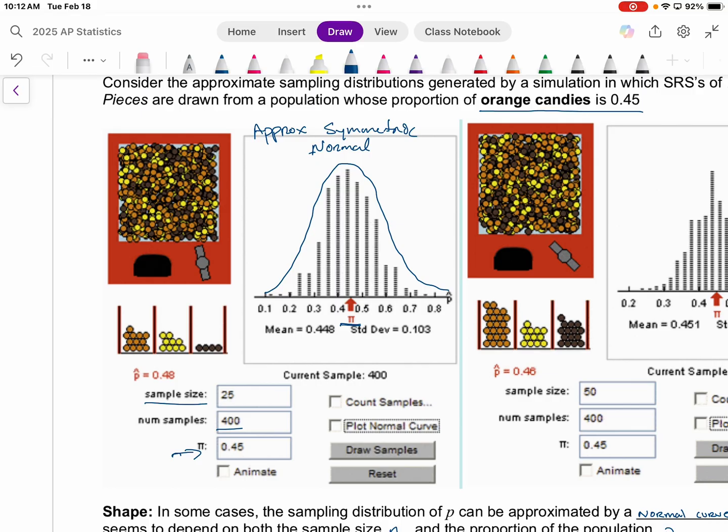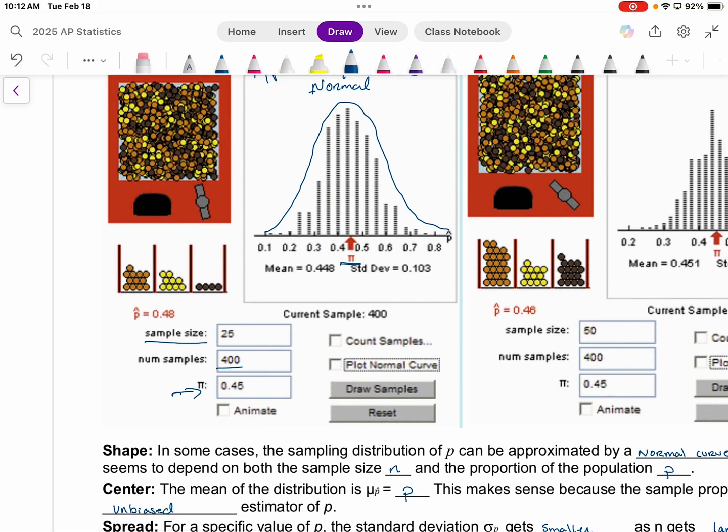And then here is where the mean is, the population proportion p, right at about 0.45. And off of all those samples, the p hat ended up being 0.48. And so they tell us what the standard deviation is.